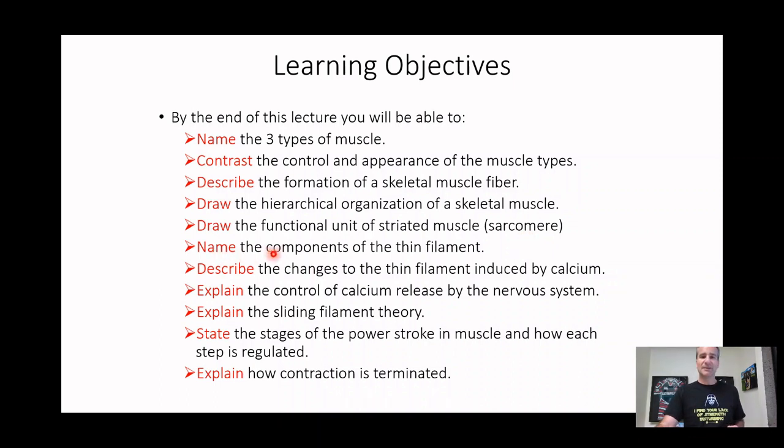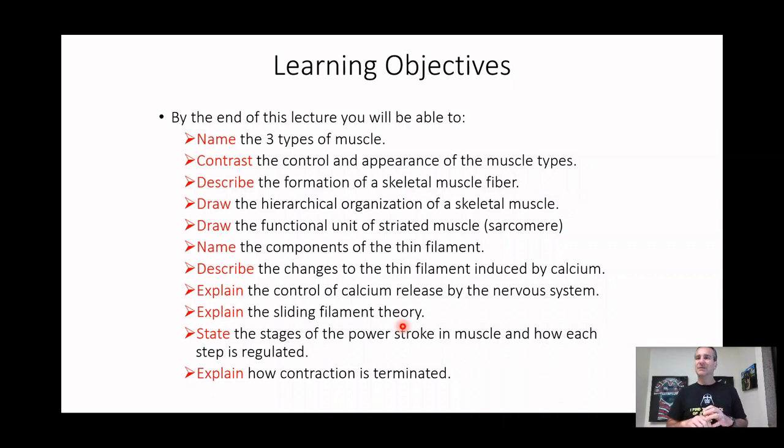You're going to be able to name the components of the thin filament, and describe how the thin filament changes when it comes in contact with calcium, because calcium is released by the nervous system and is what allows muscle contraction to occur. So you're going to understand how our brains control our muscles' ability to move. That's pretty cool.